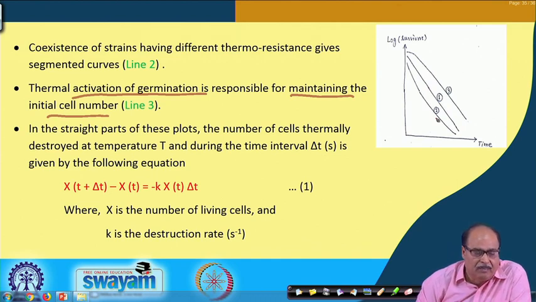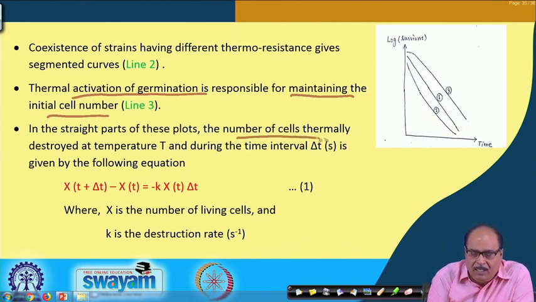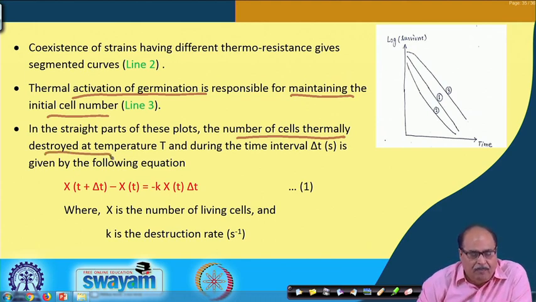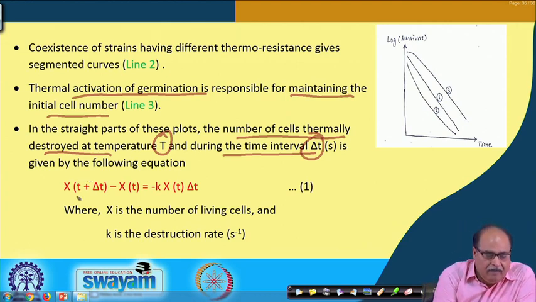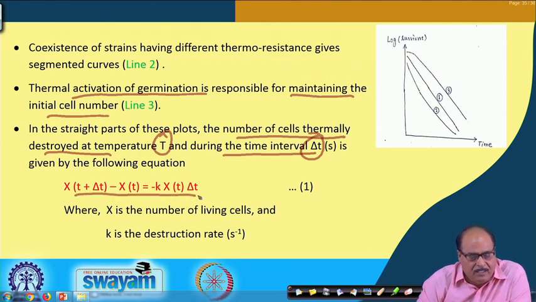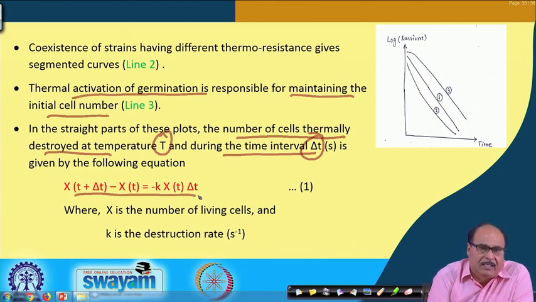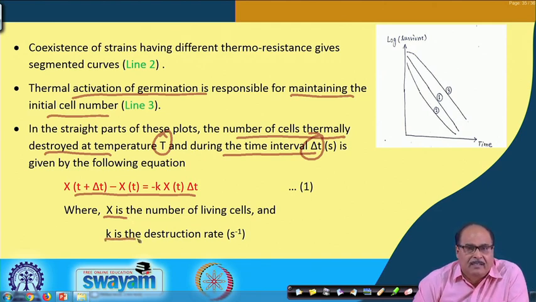So, in the straight part of these plots, the number of cells thermally destroyed at temperature T during the time interval delta t seconds is represented by the equation x(t + delta t) - x(t) = -k x(t) delta t, where x is the number of living cells and k is the destruction rate per second.